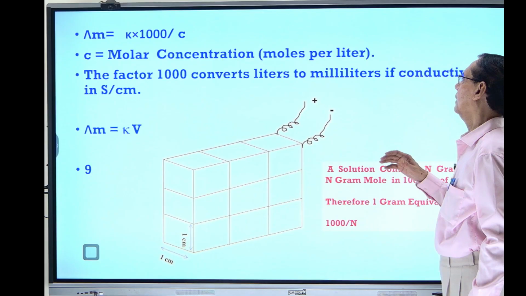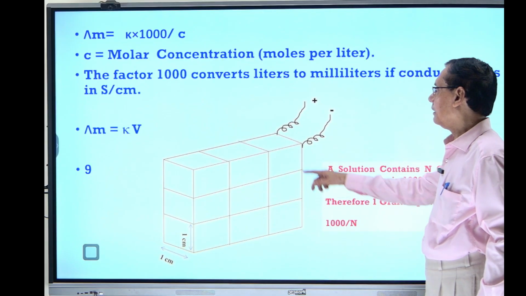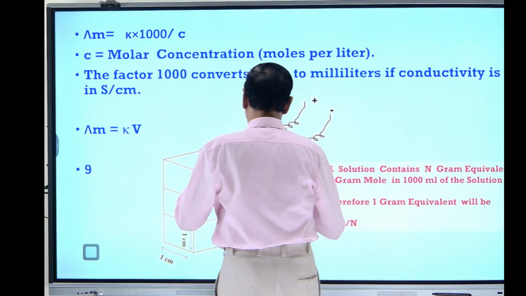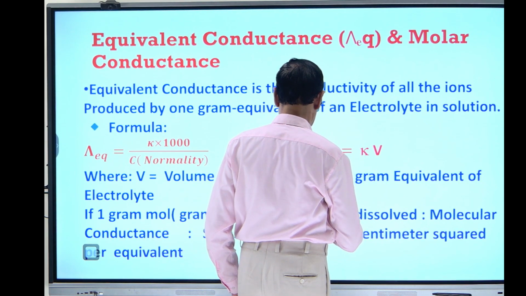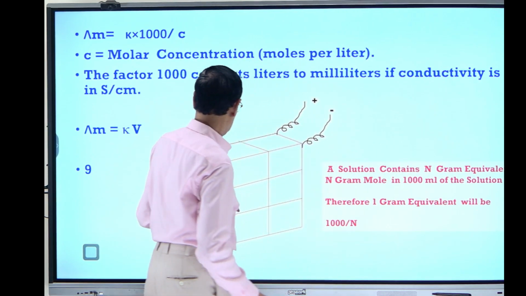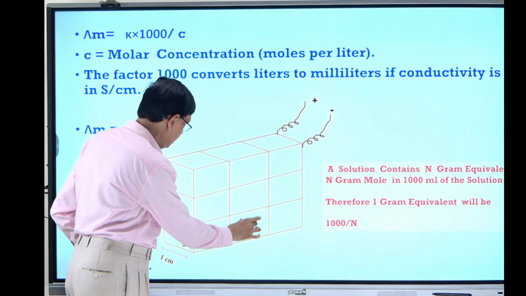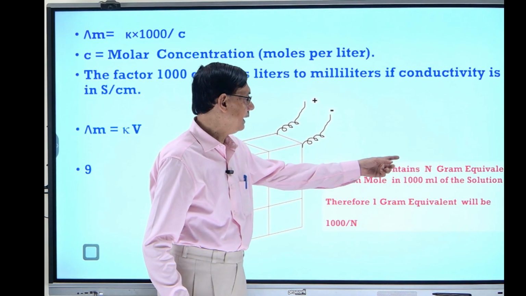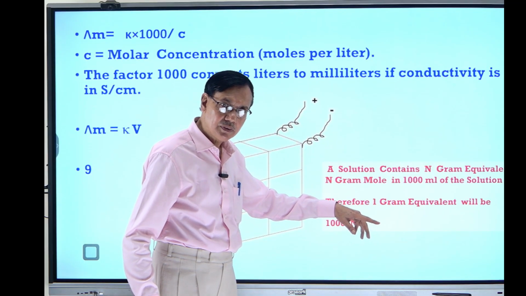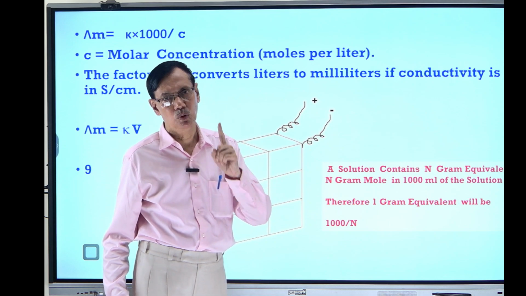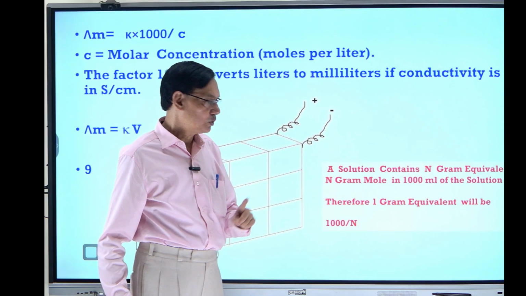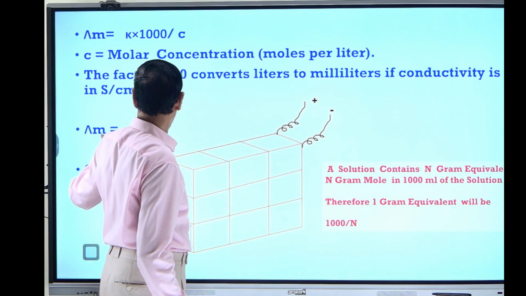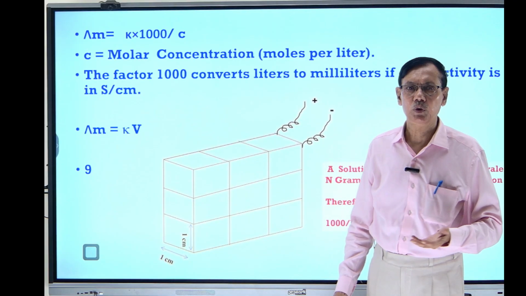Actually molar concentration is the moles per liter, and that factor 1000 converts liter to milliliters. You know all these things. So understand, earlier also we took 1 cube, now we have 9 cubes, 1 2 3, this 3, total 9 cubes. And as I explained a while ago, a solution contains n gram equivalent and n gram mole in 1000, but by definition we have to find 1 gram mole and 1 gram equivalent. Therefore for 1 gram equivalent it is 1000 divided by n and 1000 divided by m, so that is the formula. So this is called the equivalent conductance.